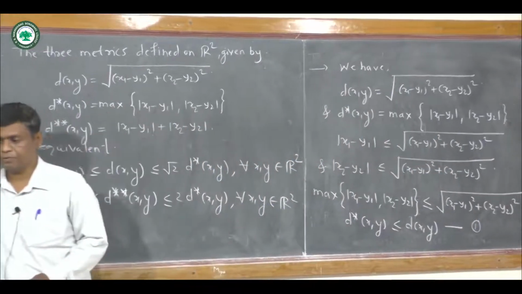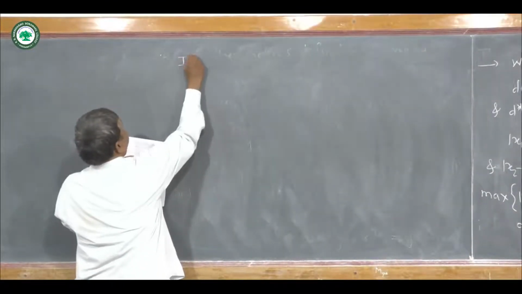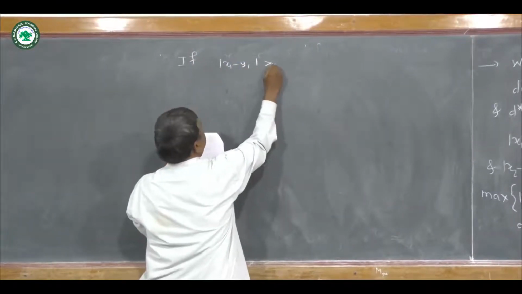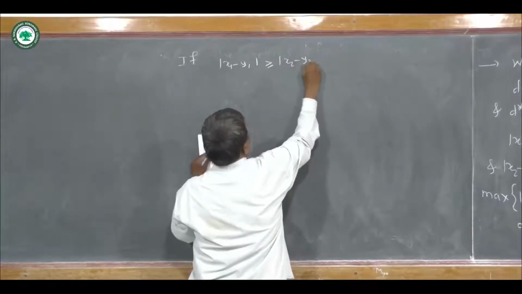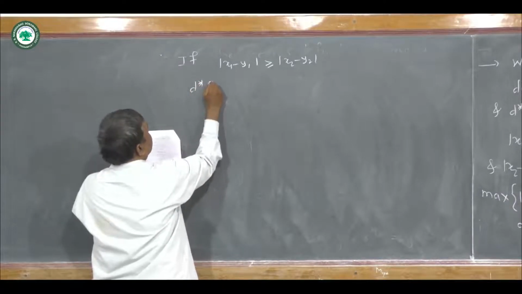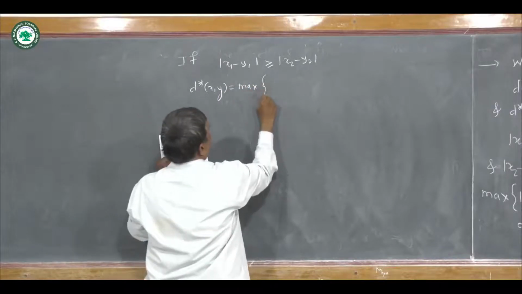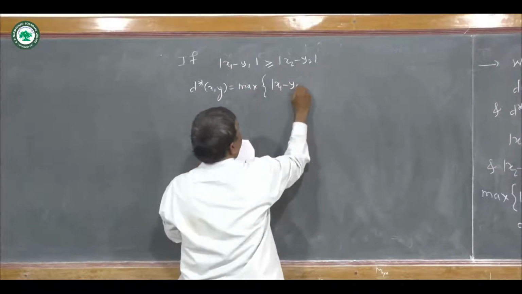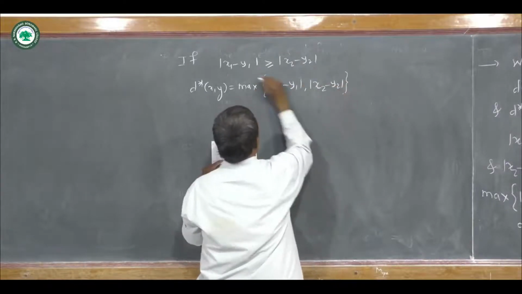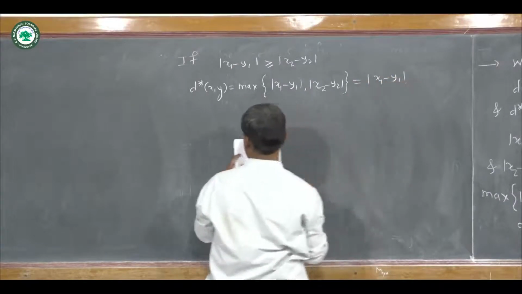Now if absolute value of x1 minus y1 is greater than or equal to absolute value of x2 minus y2, then d star of x comma y, which is the maximum value of absolute value of x1 minus y1 comma absolute value of x2 minus y2, since we have this, we write here absolute value of x1 minus y1.